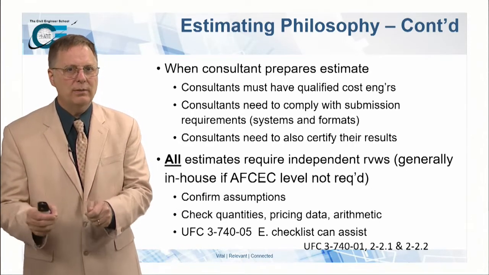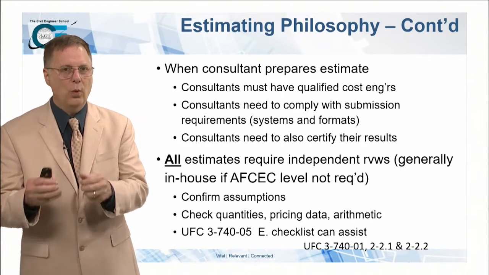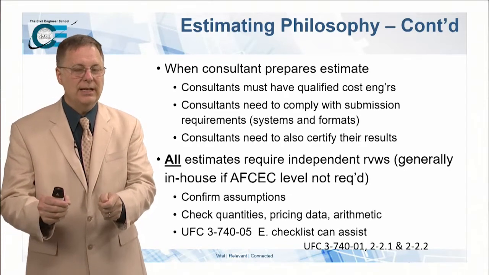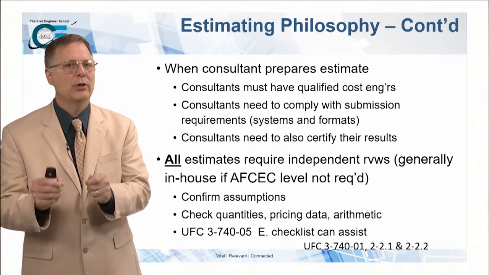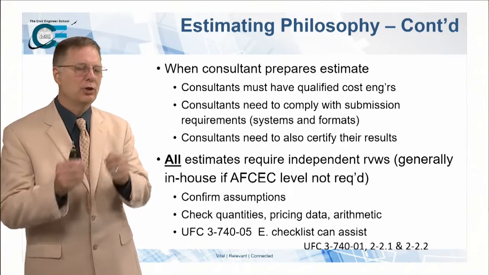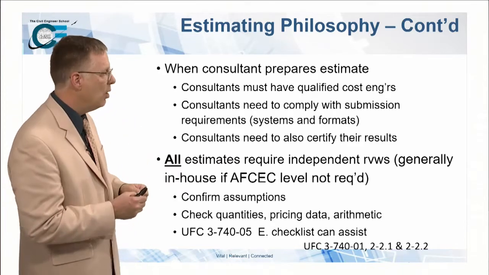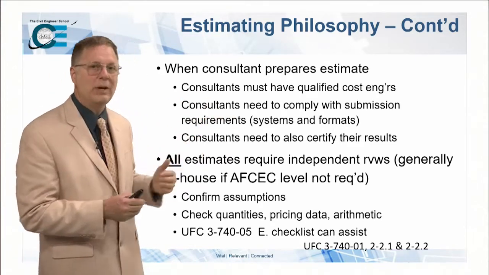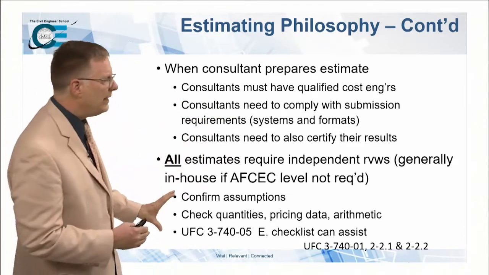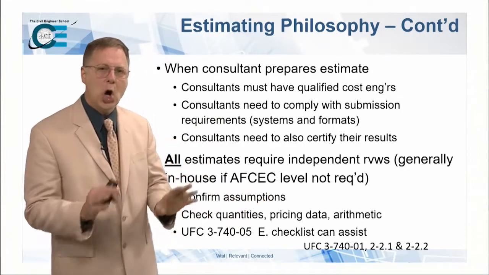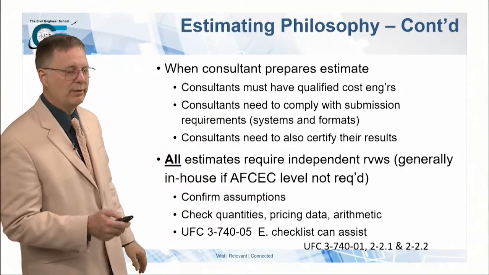What did I not catch? Are these the right assumptions? And so you should never feel like you're the only one who's done this thing. Your supervisor, or a more experienced colleague, or if an architect engineer firm did it, we need to be validating that stuff. We need to go through and check everything. All estimates require independent review and approval.